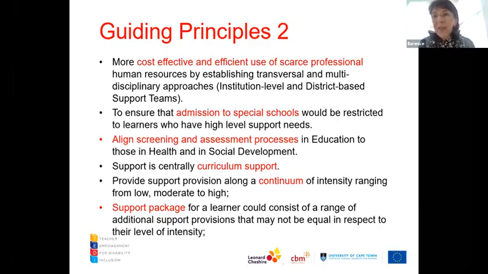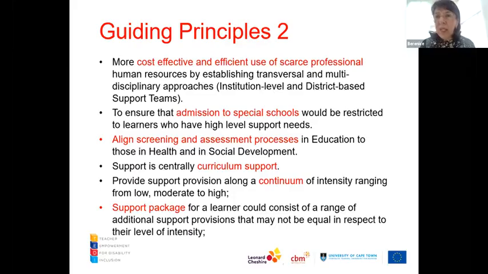But when they visited the schools, they also found there were some learners who really weren't coping, teachers who really weren't coping. These were learners with very high support needs. Many of them were children with autism, but not only.